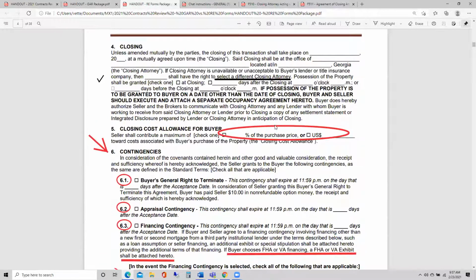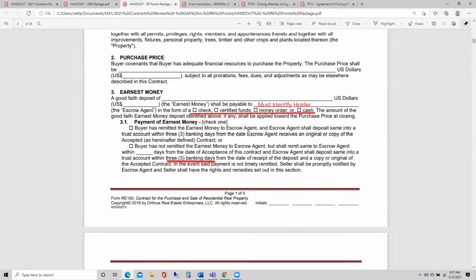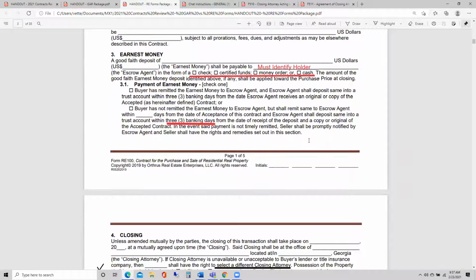In the RE forms contract package, where it talks about the holder of the earnest money, it just says the earnest money shall be payable to, that's whoever the holder is. And there is absolutely no reference if it is somebody other than the brokers.